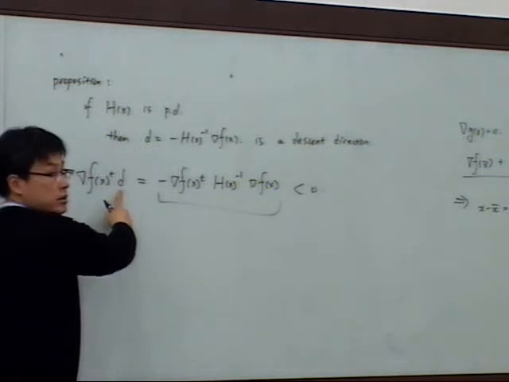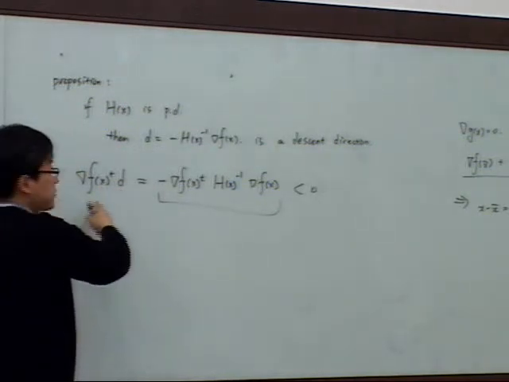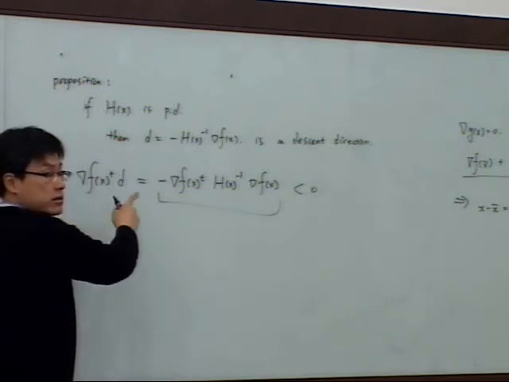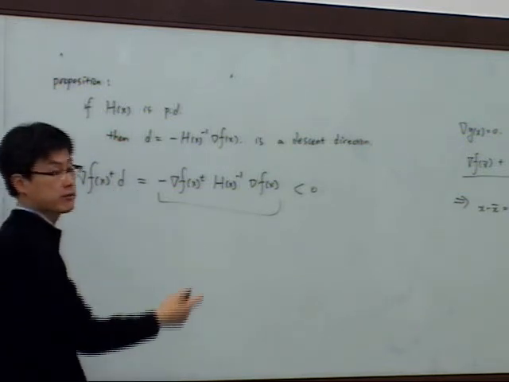If B multiplied by this function gradient is less than 0, then d is a descent direction by definition.